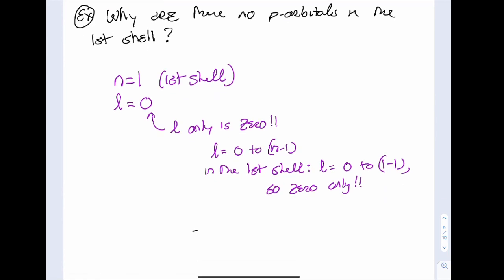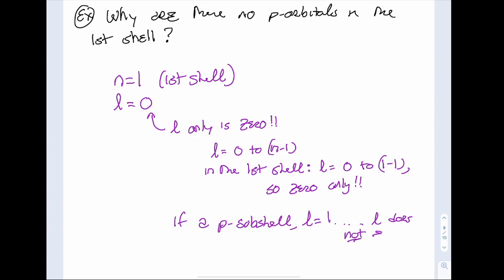To have a p subshell, l equals 1. l does not equal 1 in the first shell, or cannot, we should say.